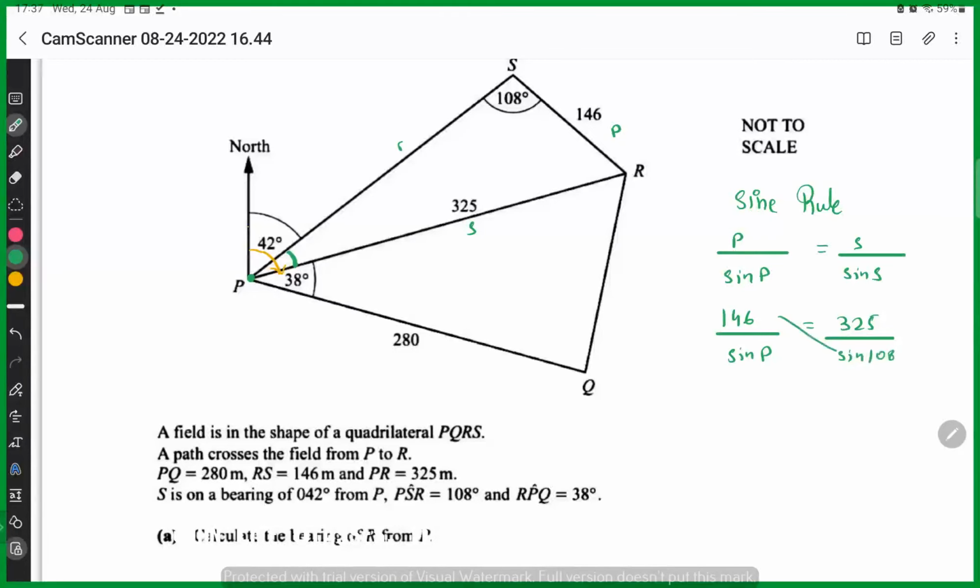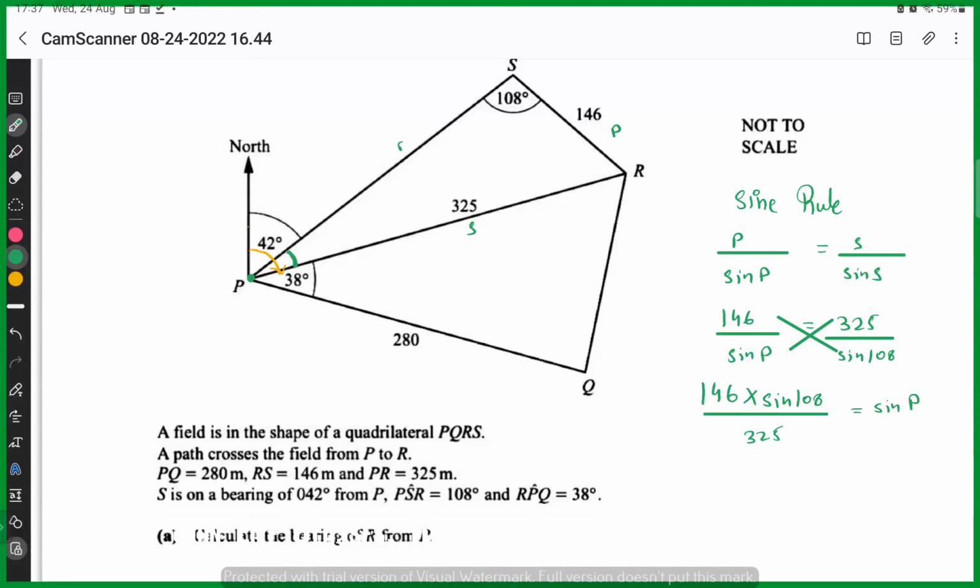I need to cross multiply at this point. So 146 multiplied by sine 108 divided by 325 equals sine P. Let's figure out the value using the fraction button.